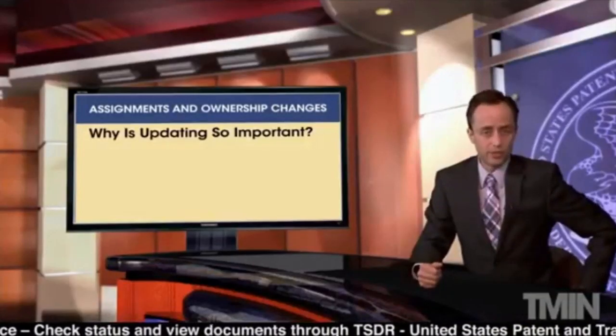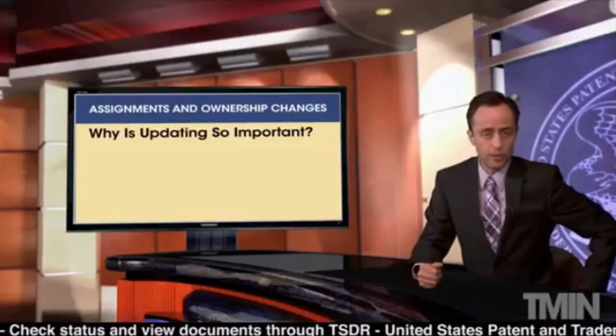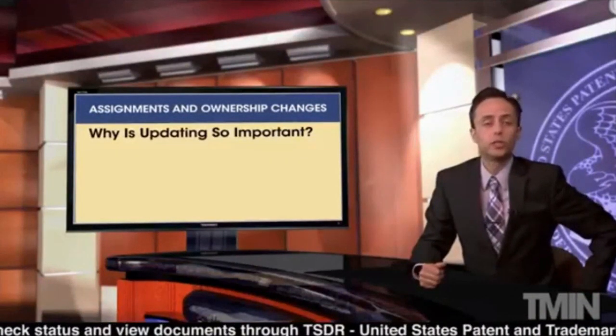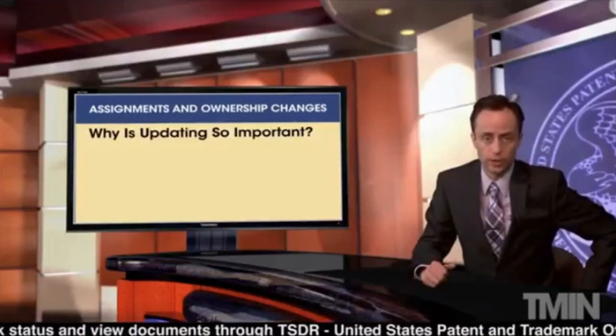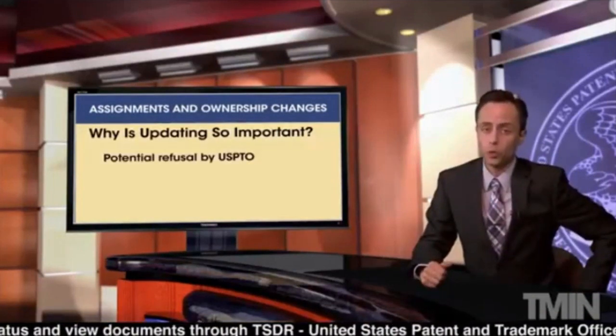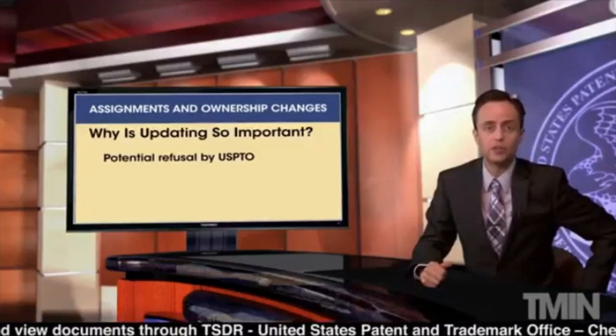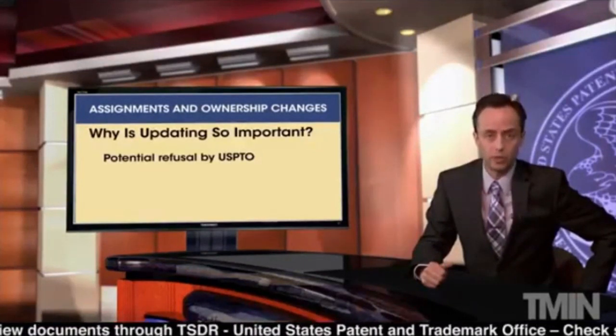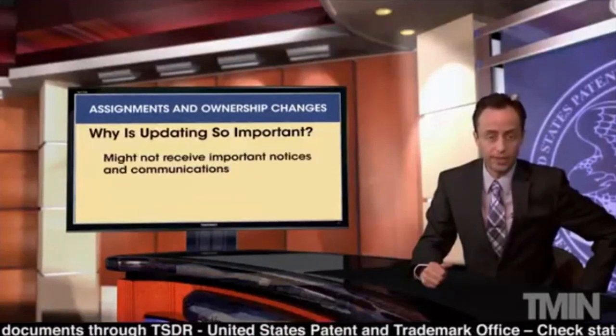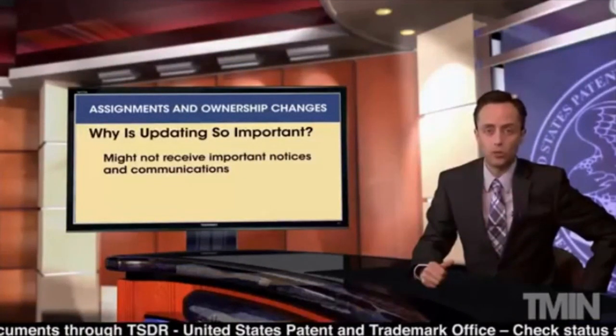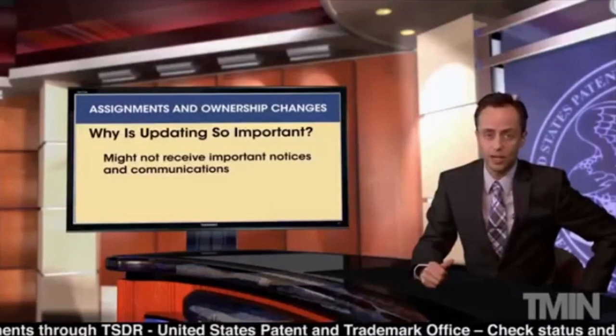And finally, why is it so important to keep your ownership information up to date? Without it, you could lose control of your trademark. Specifically, if you are the owner of the mark and your information is not up to date, your application may be refused by a USPTO examining attorney. In addition, you might not receive important USPTO notices and communications.